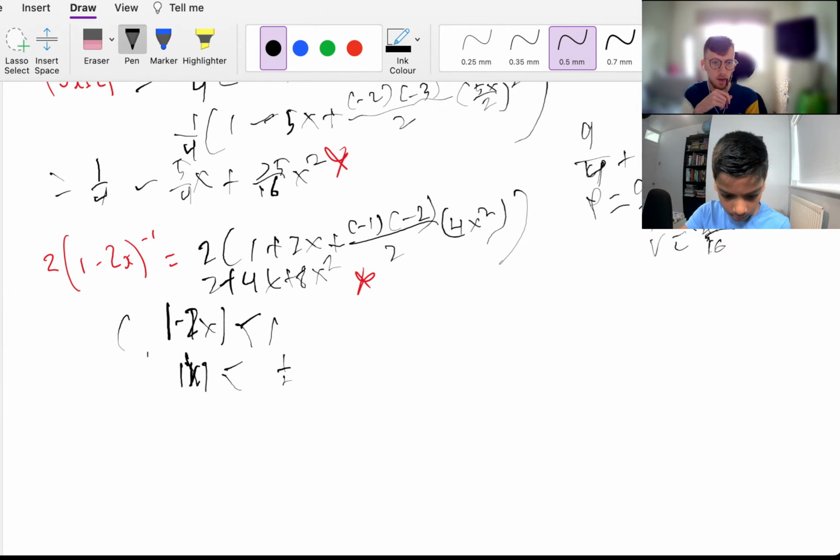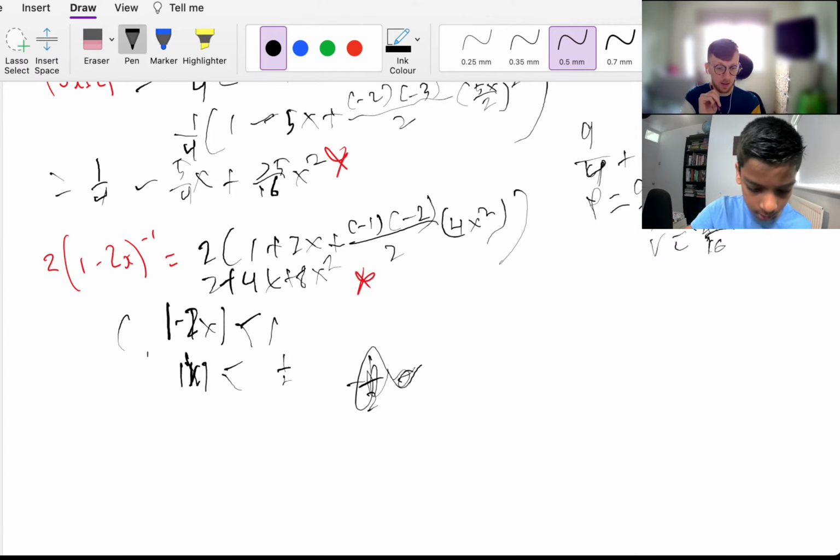Good, yeah. Remember that the modulus, the absolute value, gets rid of any negatives. So the modulus of x less than a half makes the 1 minus 2x to the negative 1 valid.